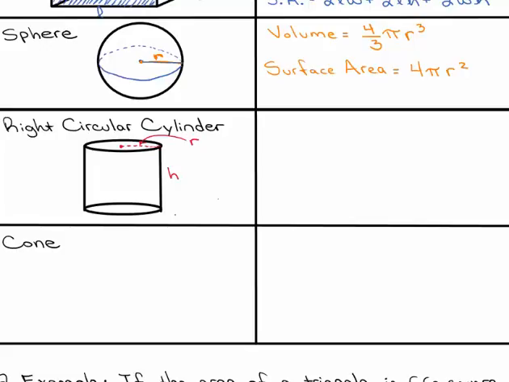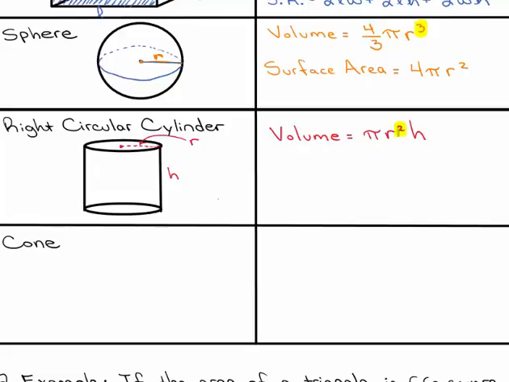Volume is going to be pi r squared times height. I know what some of you guys are thinking. You're thinking, oh, why is this one squared? And this one was cubed. And you said volume was in cubic units.